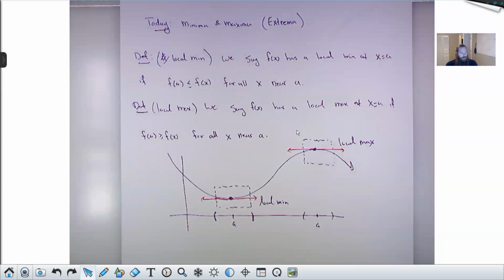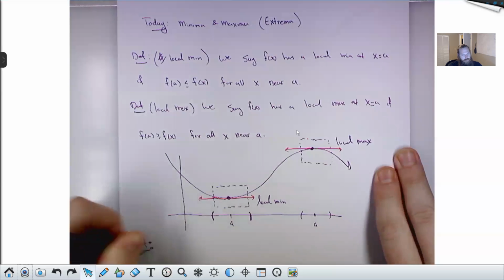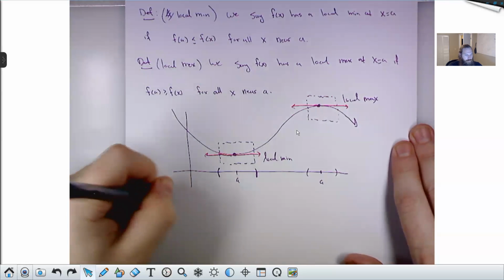Before we get going any further, I need to define for you the other two major objects in this section, and that's an absolute min and an absolute max.